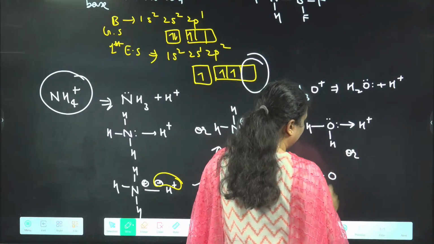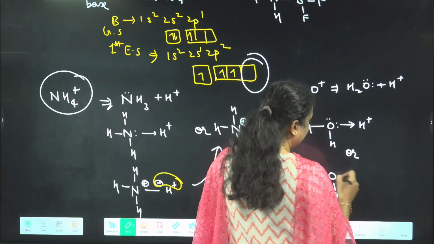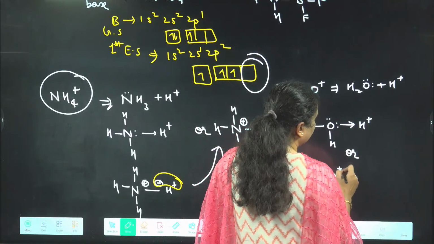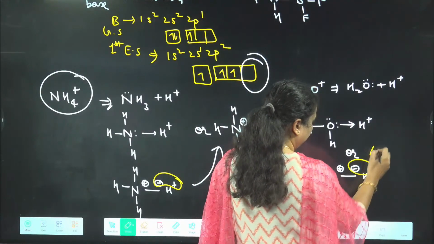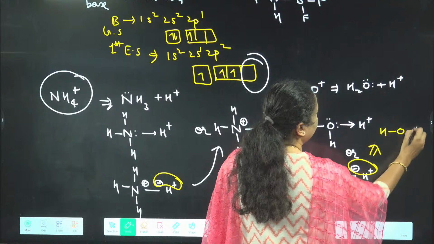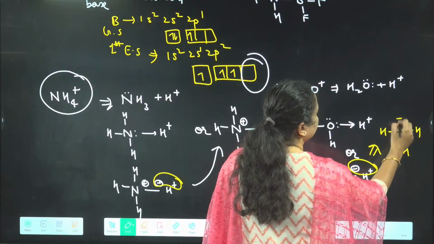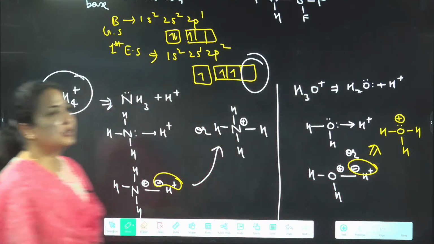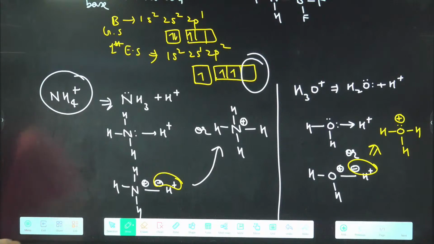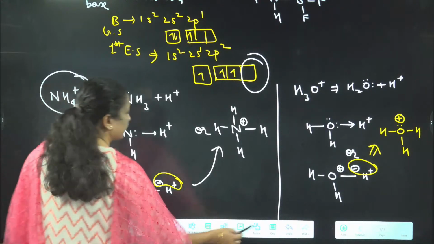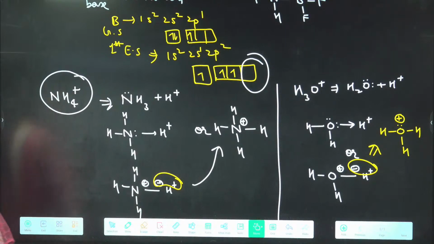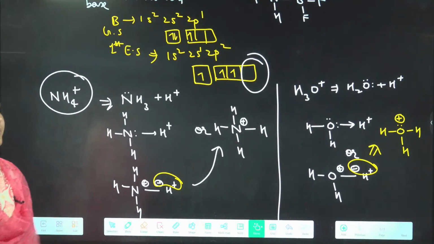So can I write this as this here, and here you are having positive, negative, you are having H plus here. So this will neutralize. So ultimately what do you write? You write something like this only, na? Getting it? You might have seen this structure. So there should not be any confusion. Able to understand what I'm writing here?